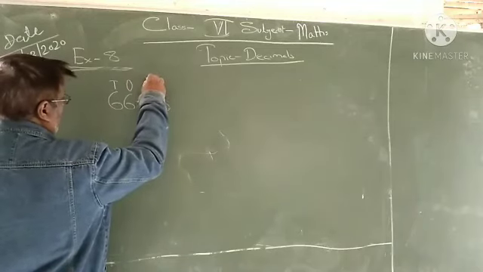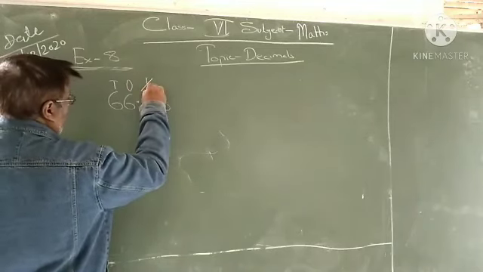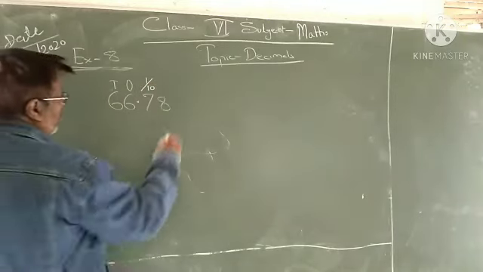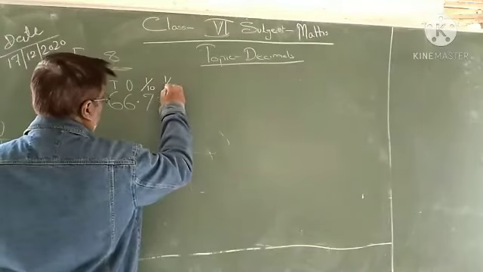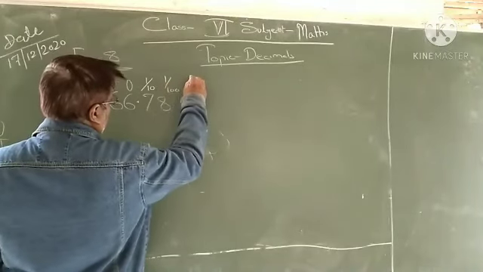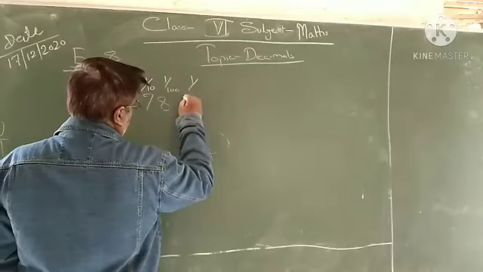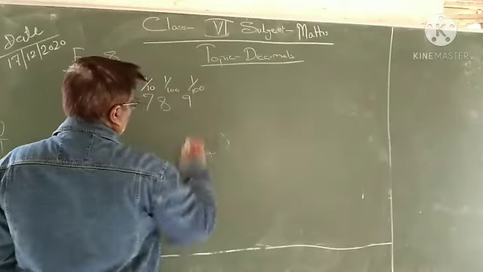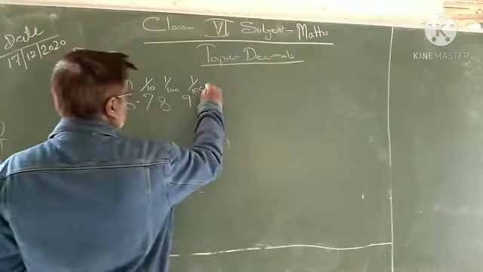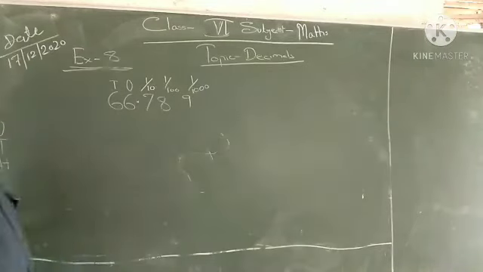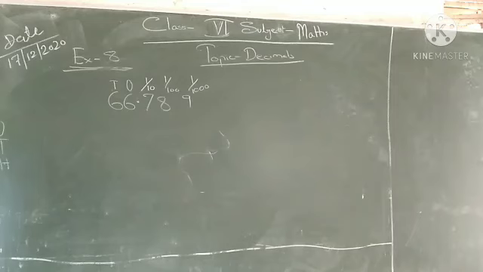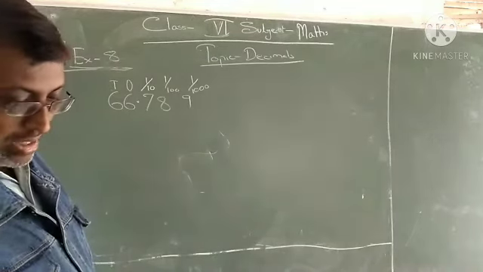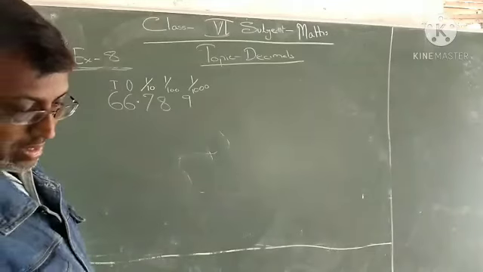However, on the right side, the first place will be 1 by 10, the second one will be 1 by 100, and the third one, if there is a third number, will be 1 by 1000. It will proceed forward like that. Good.